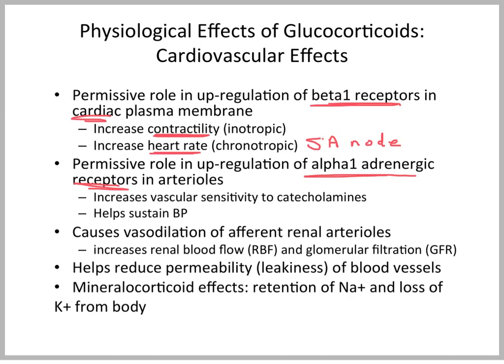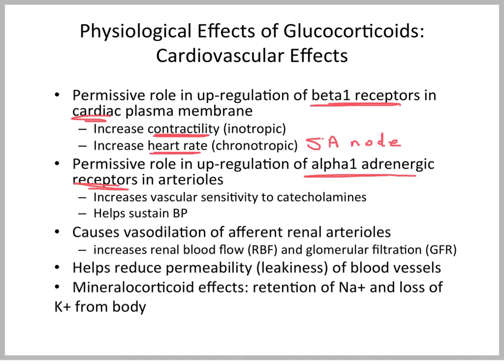Let's look at the effects on the blood vessels. Alpha-1 adrenergic receptors are key to that adrenergic effect in terms of sensitivity and contractility, if you will, that helps to maintain blood pressure. So glucocorticoids help support this effect by supporting the synthesis of alpha-1 receptors.